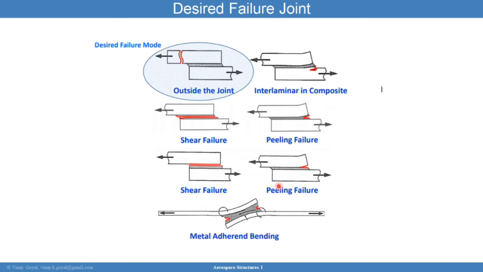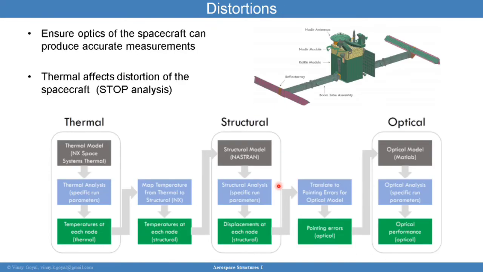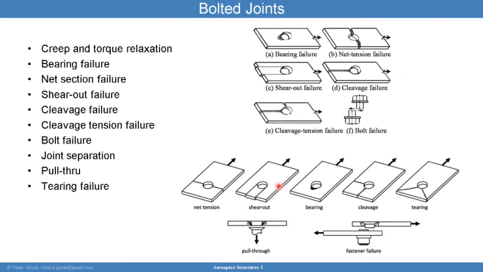You can dissolve the adhesive using some treatments, but it's not simple. And with bolted joints, the ability to disassemble makes them a good choice. The problem with bolted joints is that they can add significant weight to the system. And so for that reason, there's a trade space between bolted joints and bonded joints that you will see in designs.